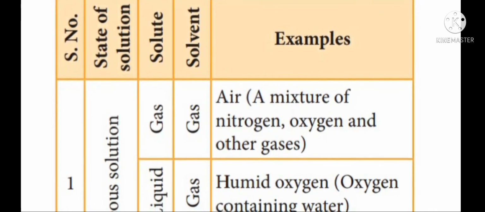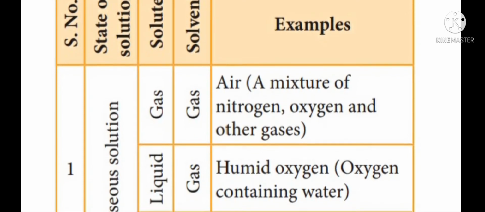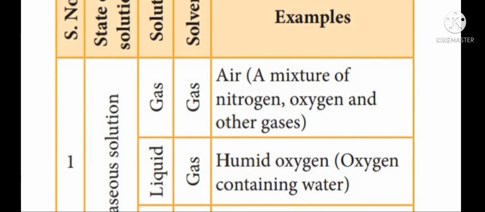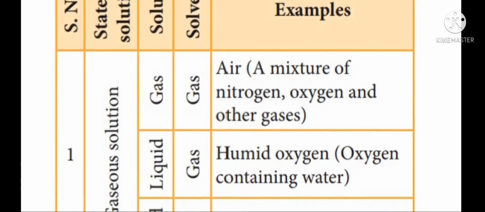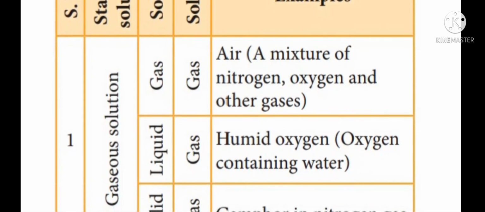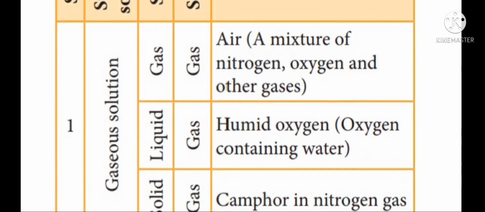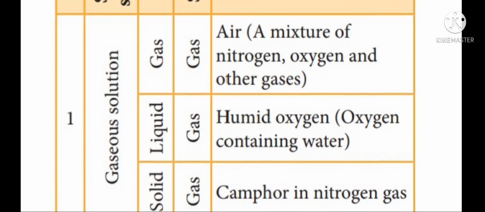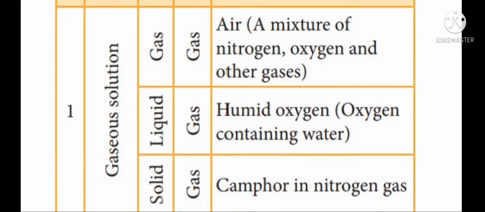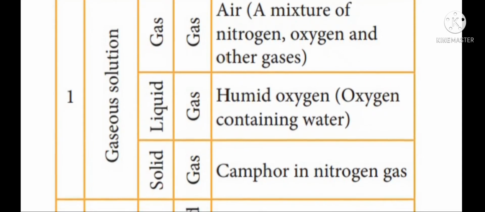First, we will start with gaseous solution. Here gas solute is dissolved in gas solvent. For this, the example is air, where air is a mixture of nitrogen, oxygen and other gases. Next, liquid solute is dissolved in gas solvent.